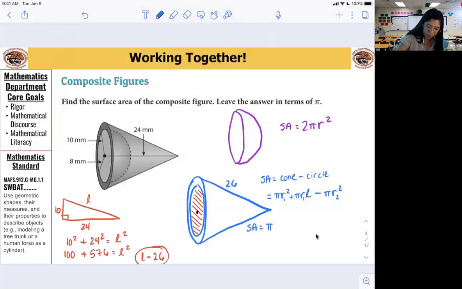So pi, we said the r1 is the cone radius, so that's 10 squared. L is 26. And then R2 is the smaller circle. So that's 8 squared.